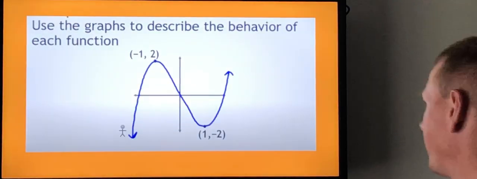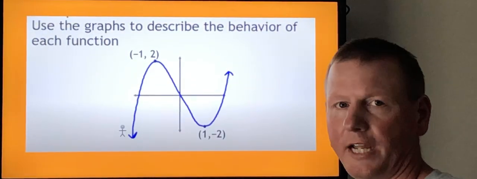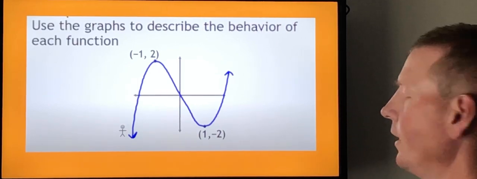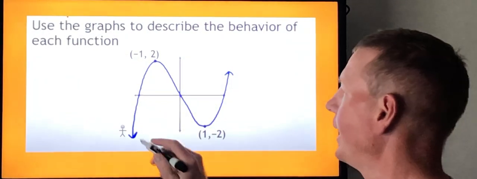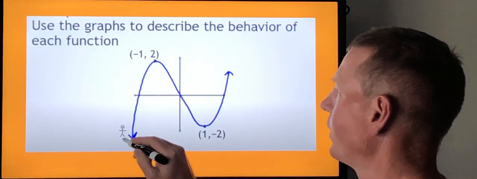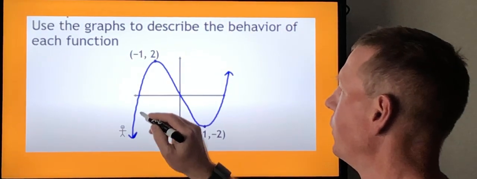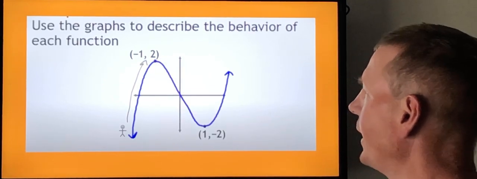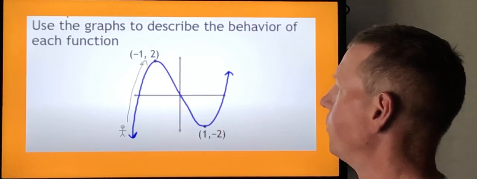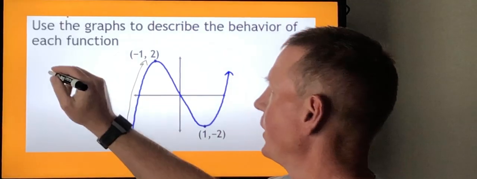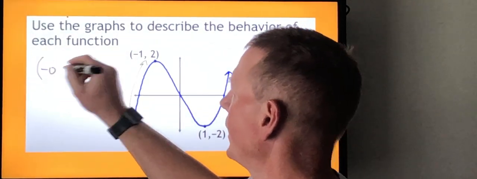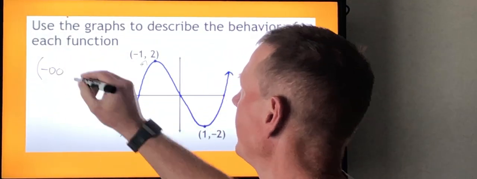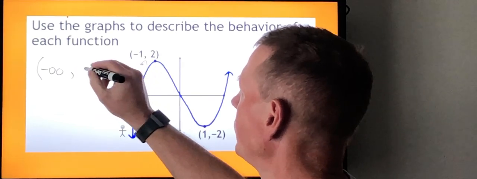Okay, let's look at another scenario where we've got a little bit of change in the graph. Again, my little stick figure guy down here, we're starting over here at negative infinity, and we're going to go this direction until we get to the x value of negative 1. So my first interval is from negative infinity all the way to negative 1.